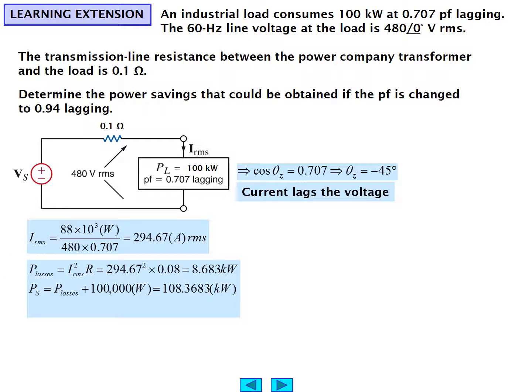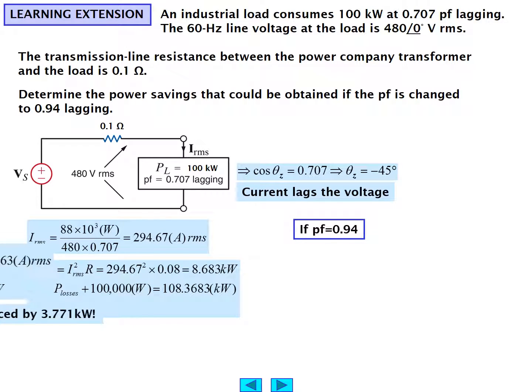The losses can be calculated as IRMS squared times R, and certainly it is 294.67 squared, but it's multiplied by 0.1, and those answers are right, not 0.08. That was the last problem. So therefore, P sub S is P losses plus 100 kilowatts. That seems to be right. Gives us 108.3683 kilowatts total.